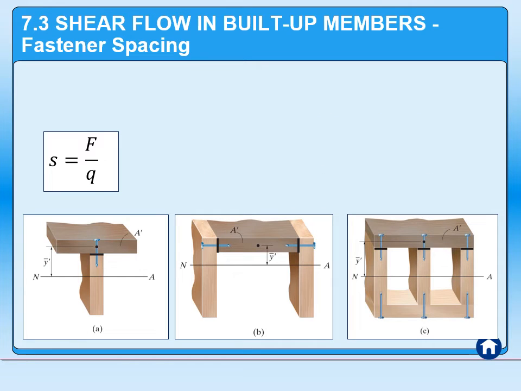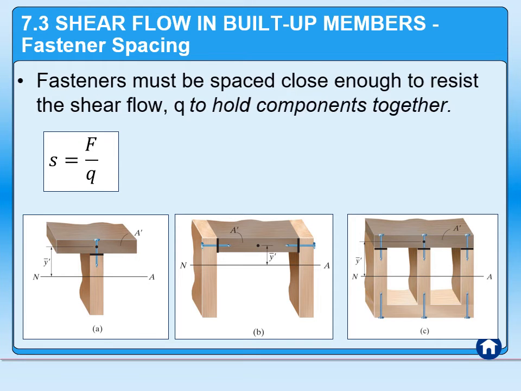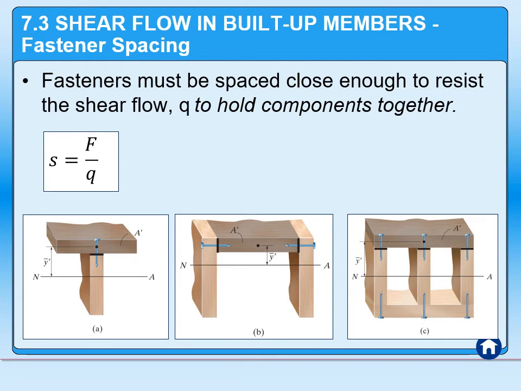One of the key things that needs to be determined when designing a built-up member is how closely spaced these fasteners need to be. Keep in mind the whole idea of these fasteners is they're close enough together to resist shear flow, right? And keep in mind we use the symbol q for shear flow because we want these fasteners to hold these components together.